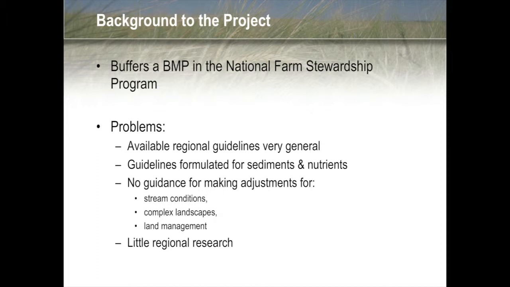Many of them are very data intensive, so they have different algorithms to make predictions, but you need a lot of data. Because we didn't have anything on hand, we thought we'd research this and come up with some way that would allow our field staff, who are out there working with the landowners and the farmers to implement these best management practices, to be able to provide advice. And that's really why we started developing the tool.